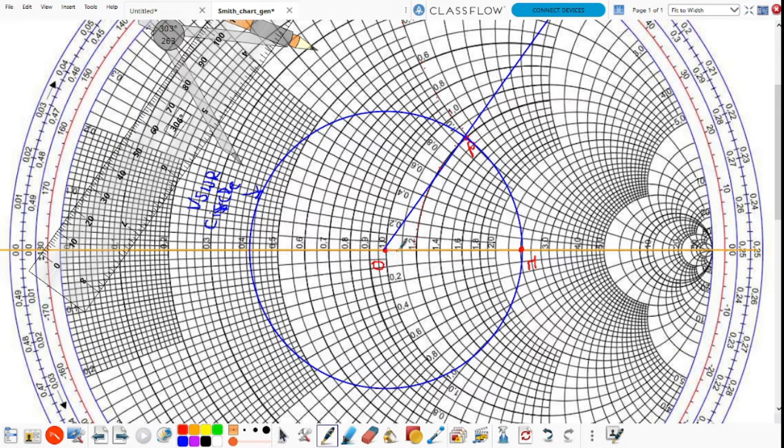This is 1, 2, and this is 3. So 2.2, 2.4, 2.6, and 2.5. So from the figure, the VSWR value is 2.5.